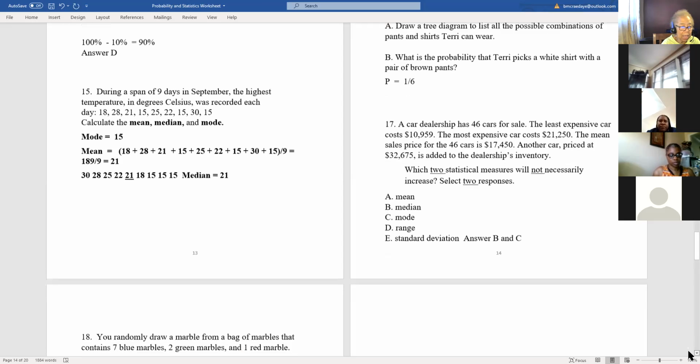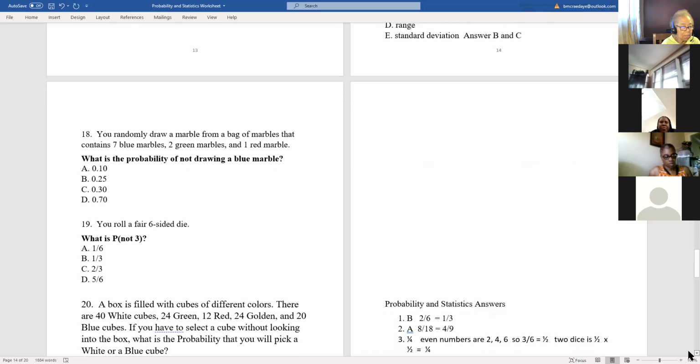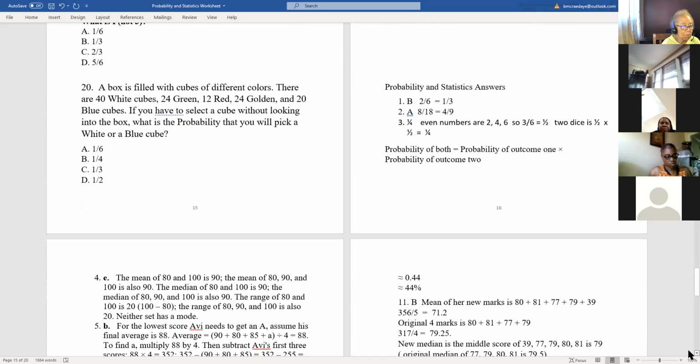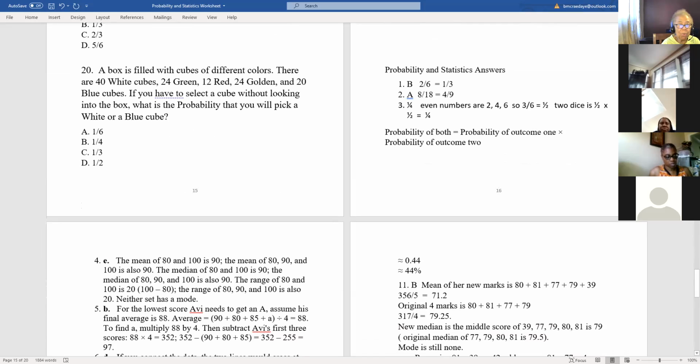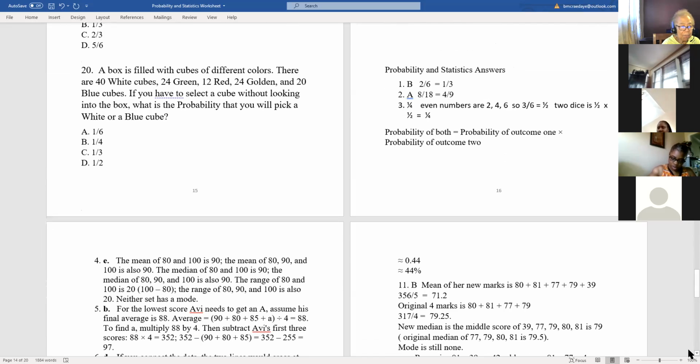All right, so now we have 18. We only have 3 more, so you should finish up 18, 19, 20. For homework, 18, 19, and 20, for Thursday.